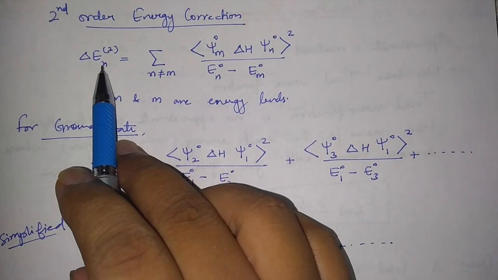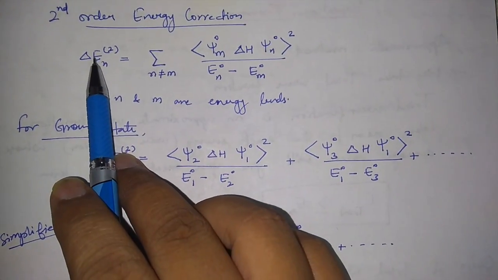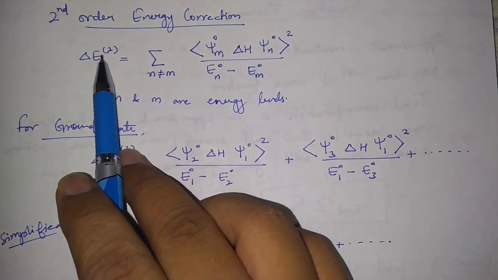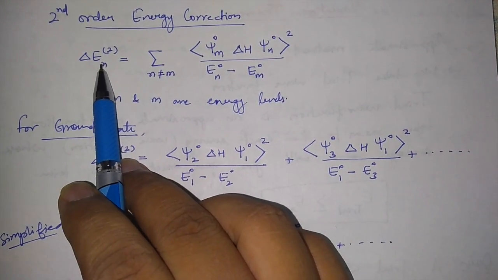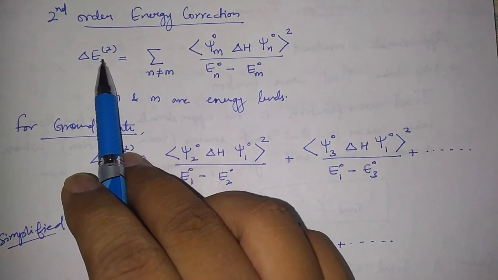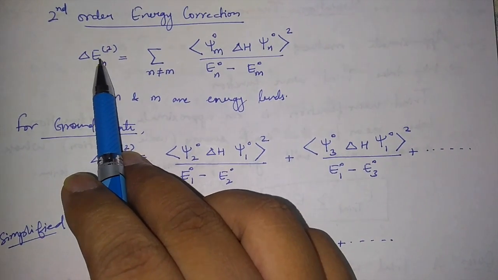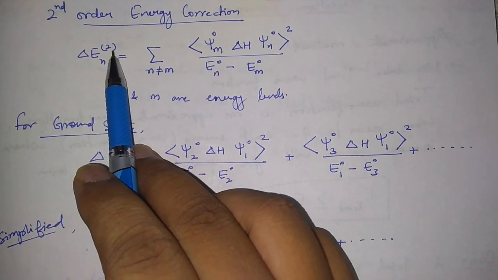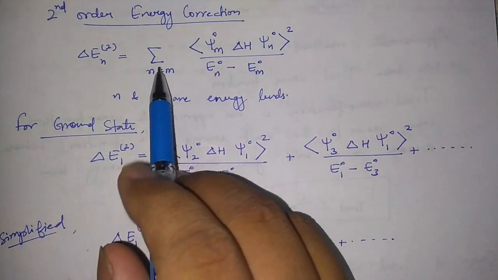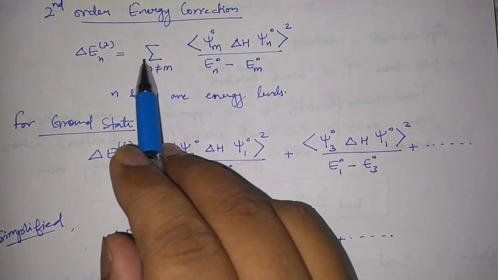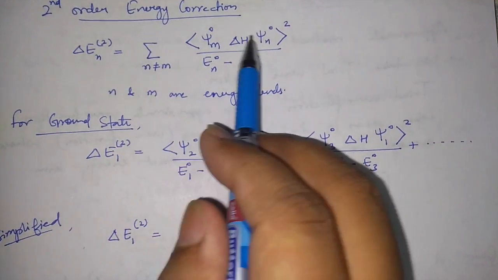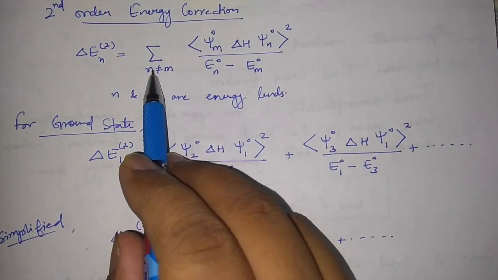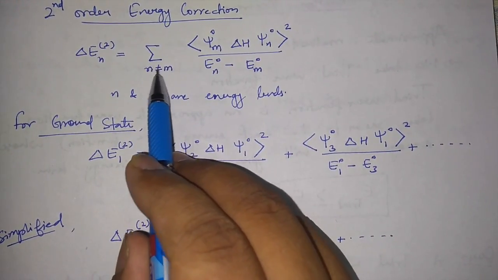You can see the equation given for the second order energy correction, okay? So this delta E n signifies that you are trying to do the energy correction for the nth energy level. The 2 signifies that it's a second order energy correction, and it is equal to sigma, right? Sigma basically tells you that you have to sum up, like you have to add the terms, over n not equal to m. So n and m should not be equal.